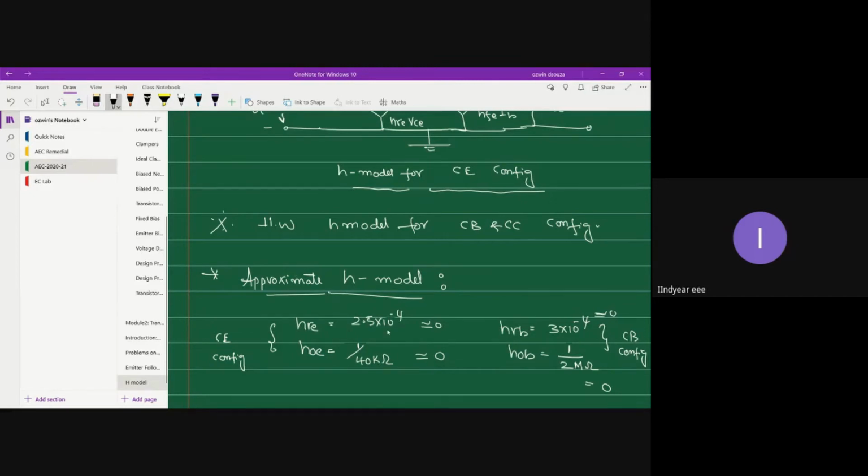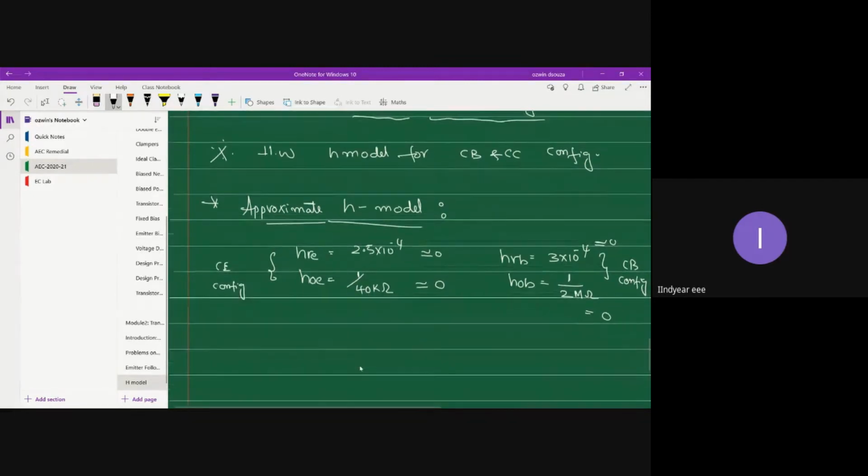So practically we can ignore the HR parameter as well as the HO parameter due to their small values.